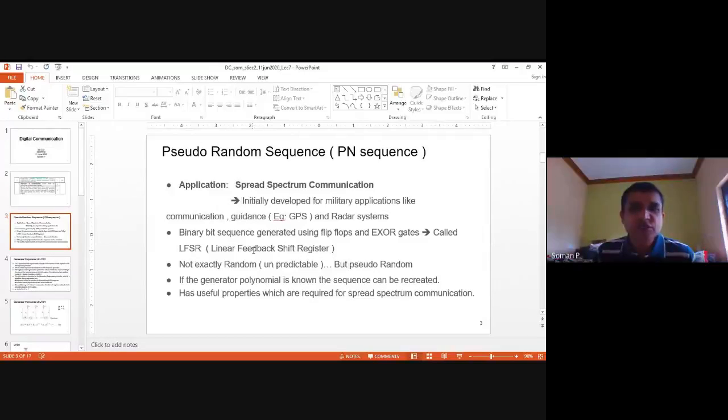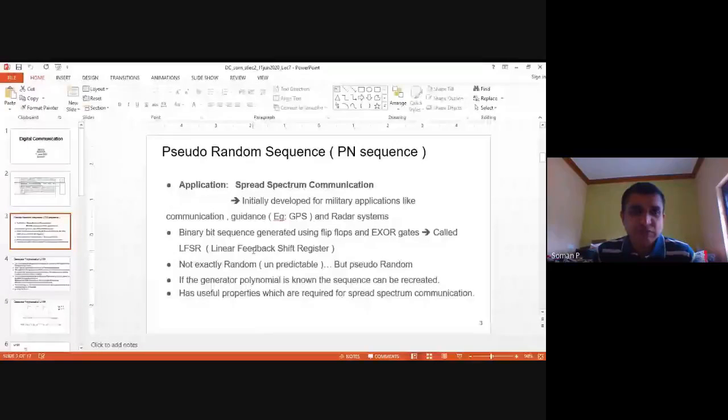Okay. So this PN sequence is nothing but a random binary sequence consisting of ones or zeros in direct digital form, or +1 or -1, or plus V and minus V in the polar form. It's a random sequence. Basically, its application is in spread spectrum communication.